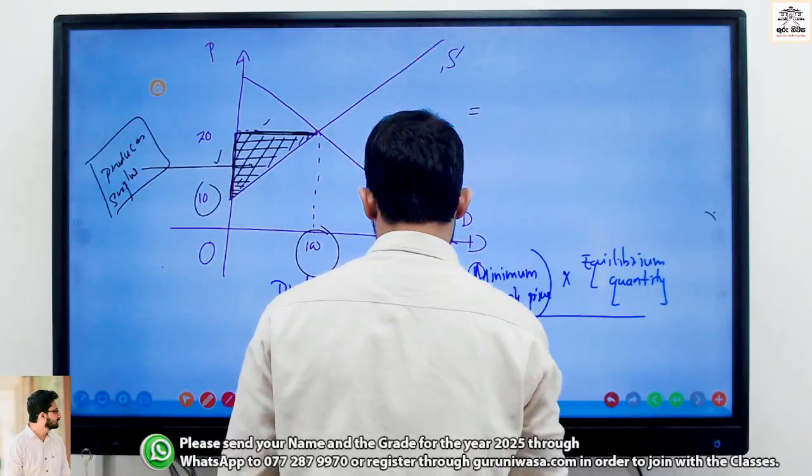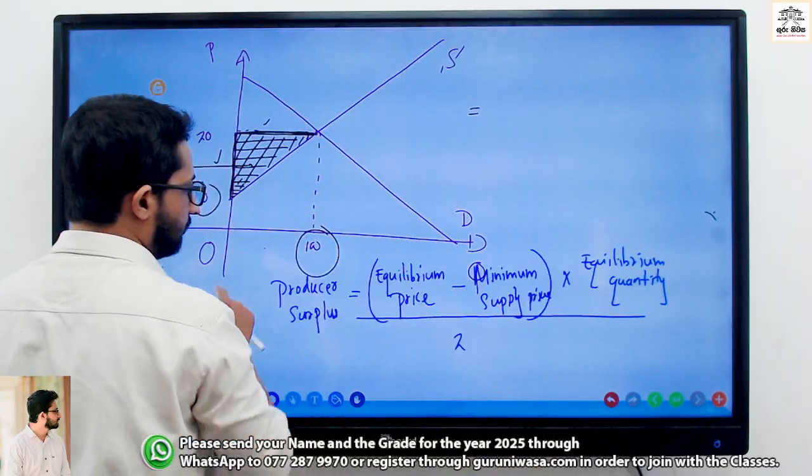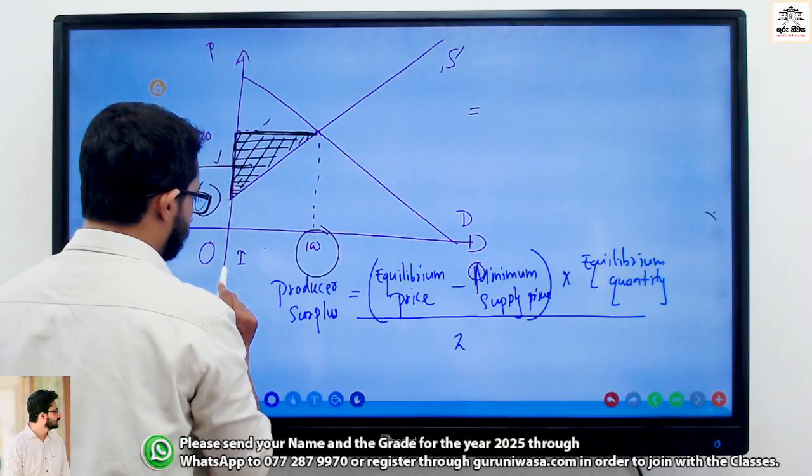This is the equation. This is a prestige part.